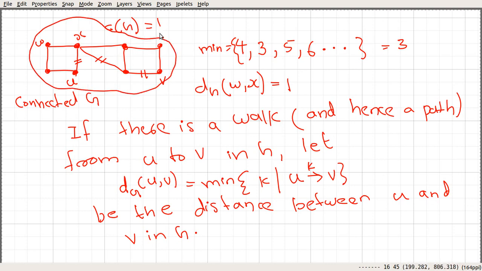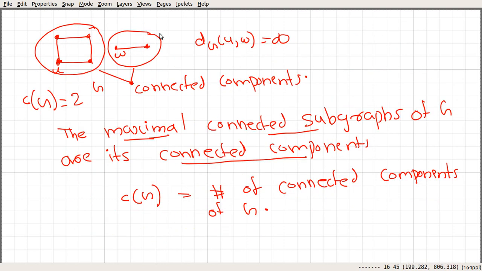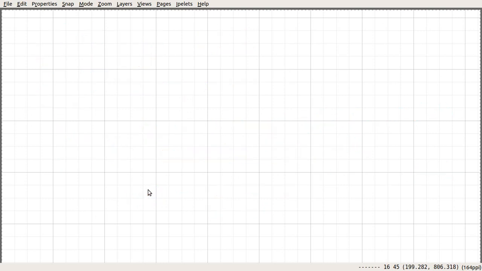Let me make this maximality clear. The connected component is nothing but the maximal connected subgraphs of a graph, and we denote the number of connected components by C of G. Let me make that maximality condition more clear.